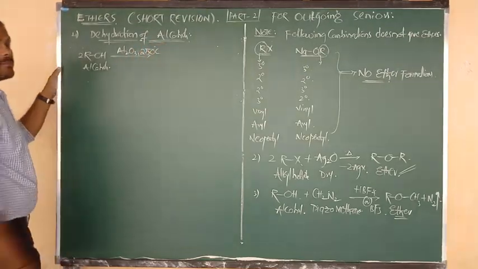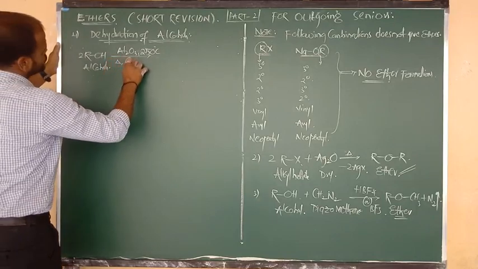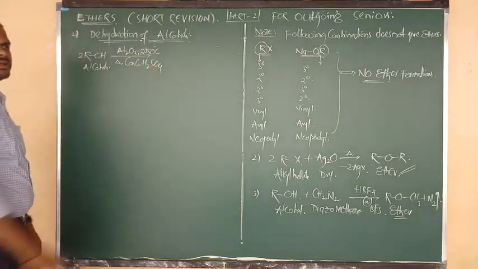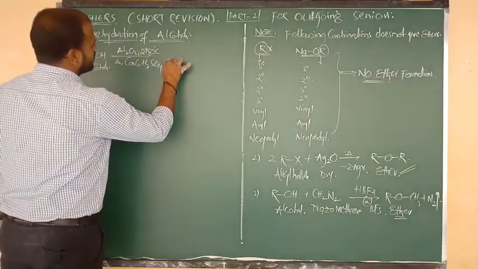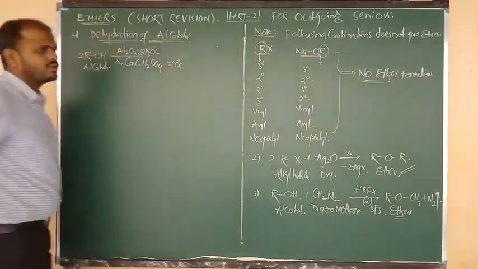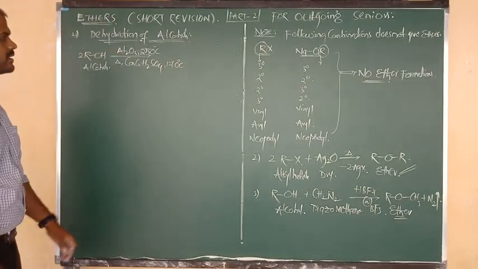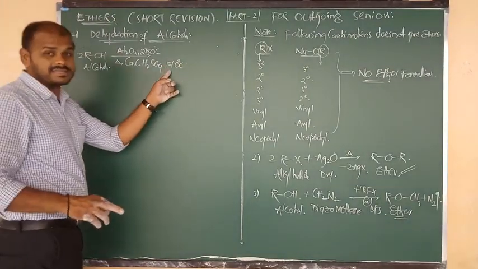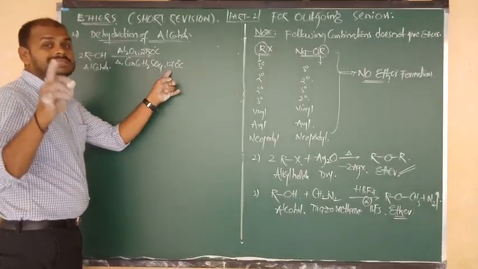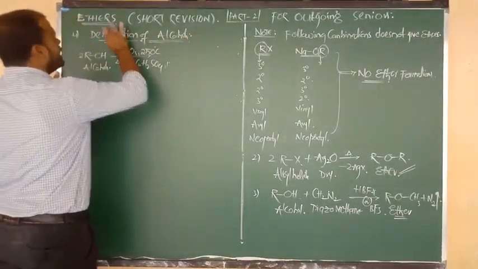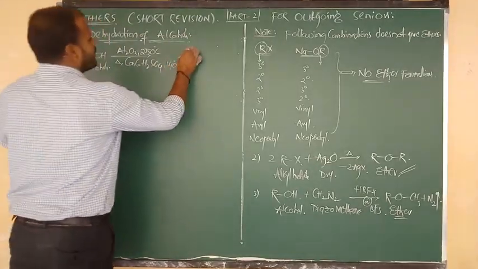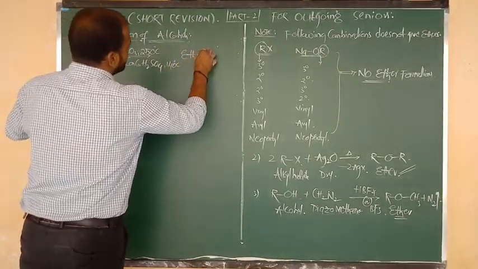We can also say upon heating with concentrated H2SO4, or concentrated sulfuric acid, but here we have to use a suitable temperature, 140 degrees Celsius. Try to remember, in case of 170 degrees Celsius you get the product ethene, but here you want ether, so we take 140 degrees Celsius, and the final products are ethers.